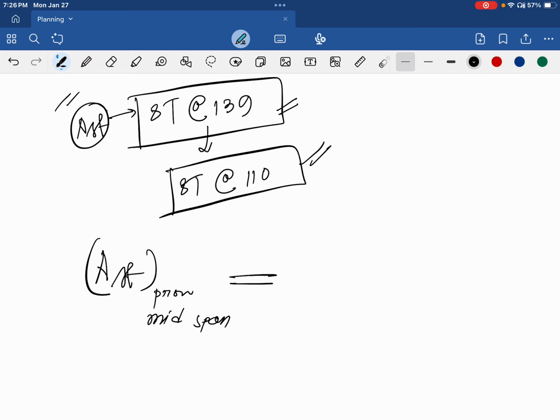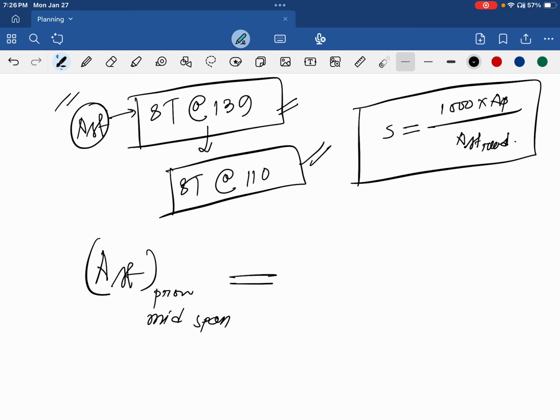How are you going to calculate it? Remember that formula: spacing required is 1000 times phi by AST required. This is how we have calculated spacing required. Now we know the spacing provided.